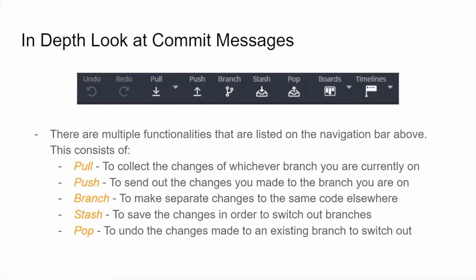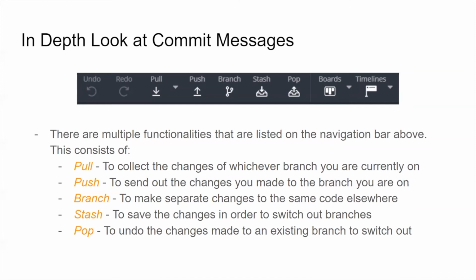And that's where we get into what a push is. A push is having changes you've made to a branch, and you're ahead of the branch with changes, and therefore you want to push your changes so that everyone else is able to get those changes and pull them inversely.